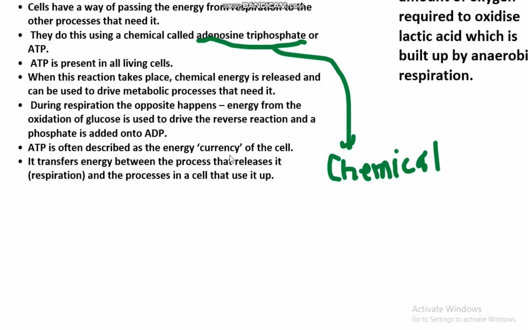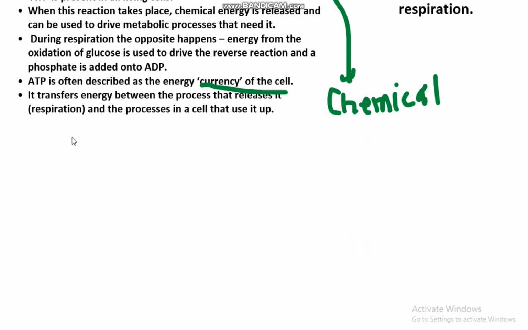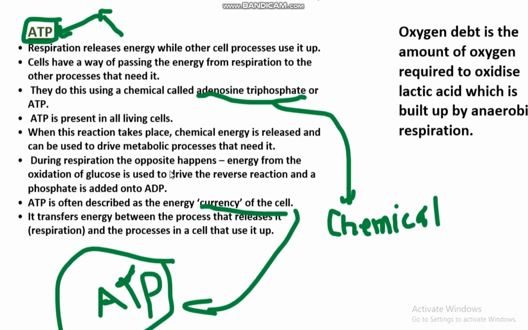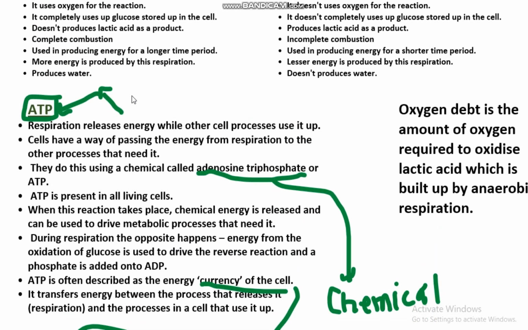Like we have currency for different countries, for the cell, the energy currency is ATP, which means that it passes on energy in the form of ATP only. So when energy is needed, ATP is broken down into ADP, adenosine diphosphate.